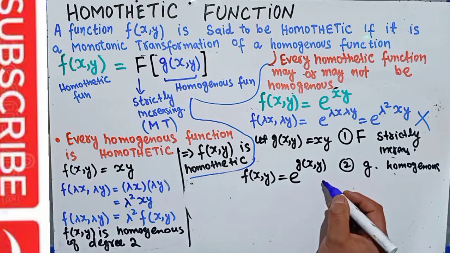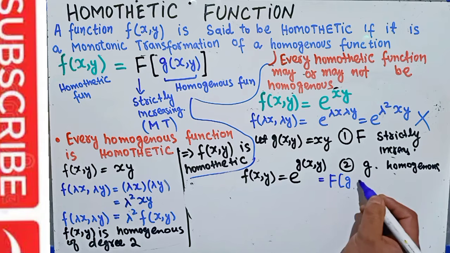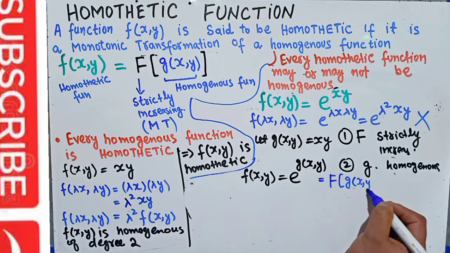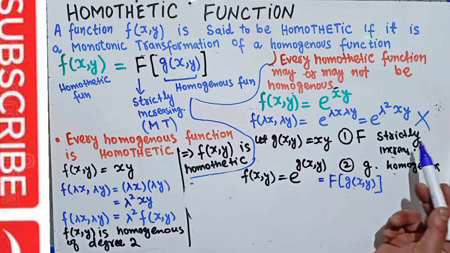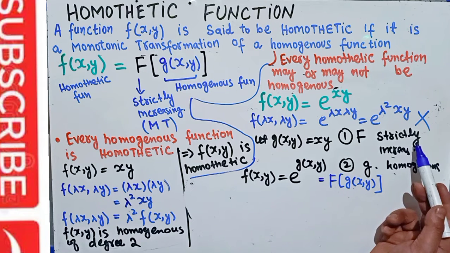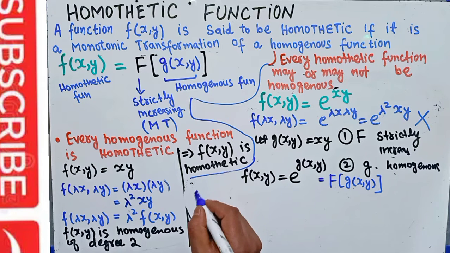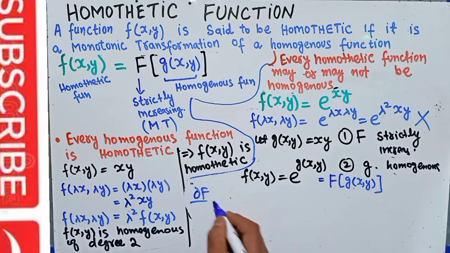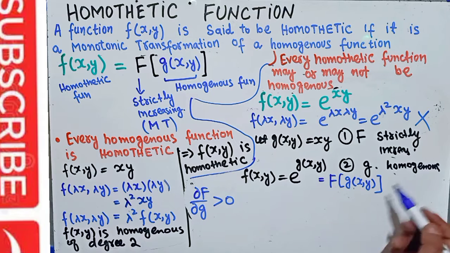We can write it as f of g of xy. Is this f of g of xy a monotonic transformation, a strictly increasing function? Yes. Again, df upon dg is greater than 0 because the exponential function is strictly increasing. So this condition is met.